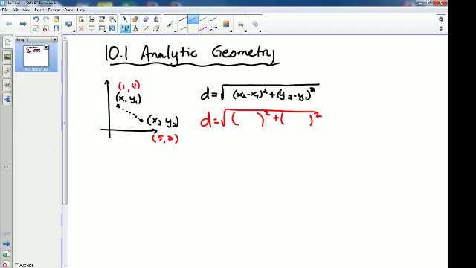What's x2? 5. x1? 1. Always, always, always in these math formulas, you will combine the x values. You're never going to put the y's together. It's a little tip. And y2 and y1 are 2 minus 4.